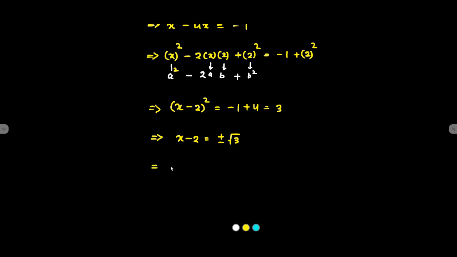That implies x is equal to 2 plus minus root 3. That implies the value of x can be 2 minus root 3 or it can be 2 plus root 3. These are the two possible values of x.